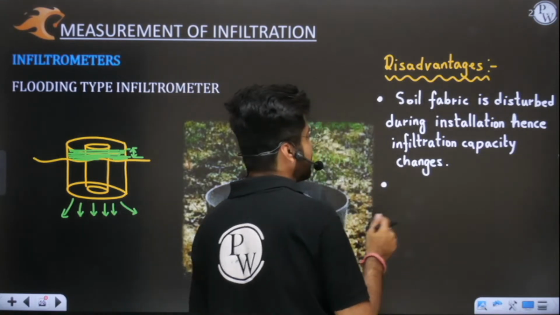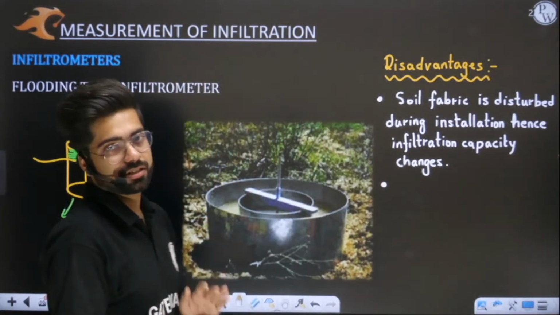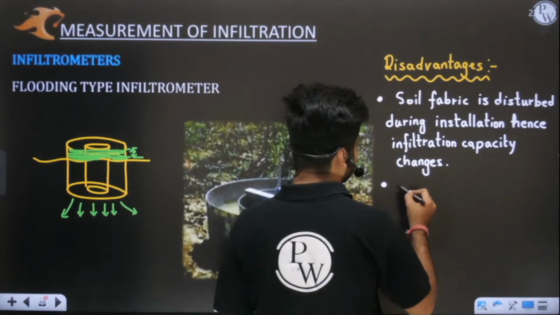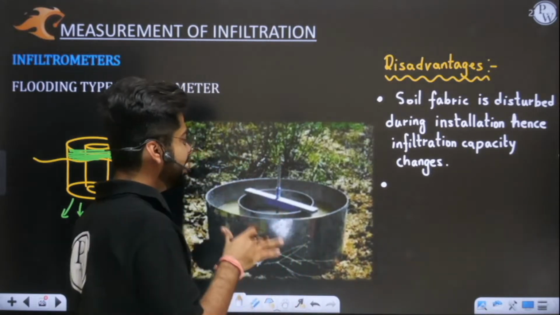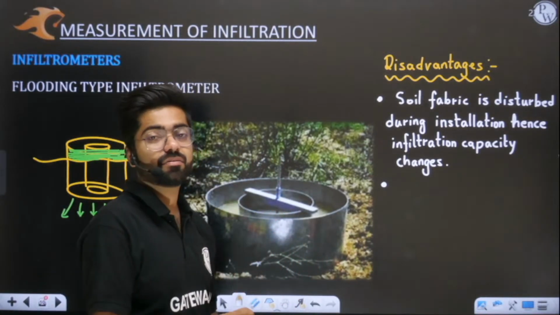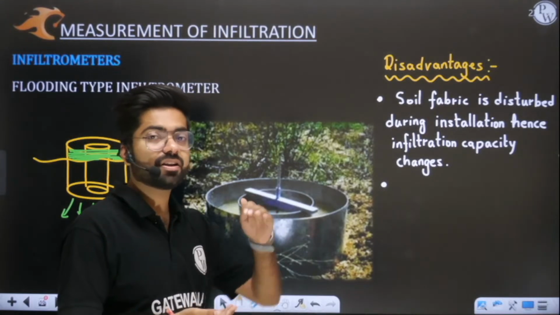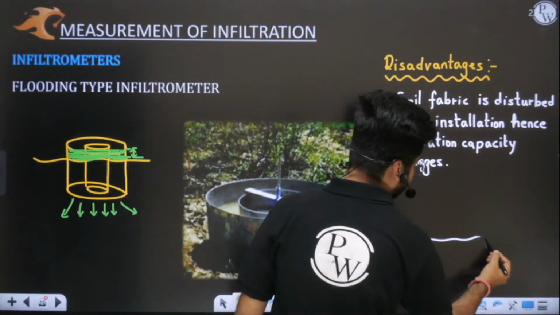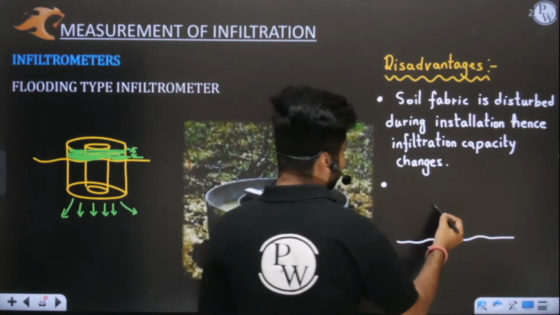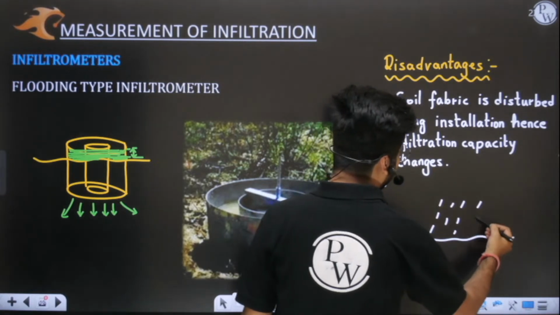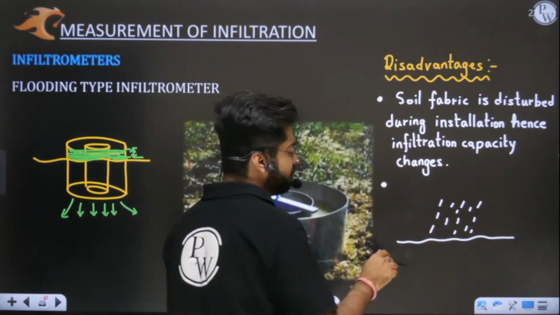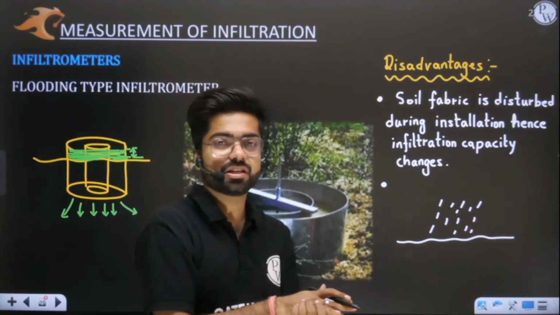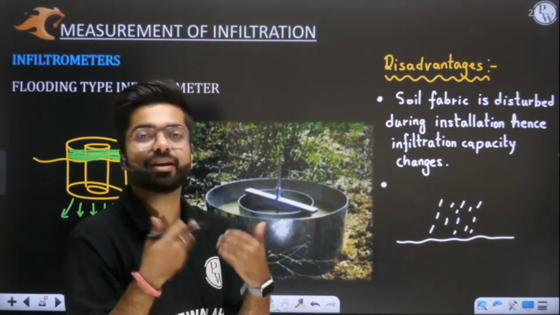Second point is, you have told me that no rainfall is here. Yes or no? No rainfall is there. So I will write here: actually this flooding type infiltrometer is measuring infiltration, but in absence of rainfall. So when rainfall is there, let us say we have an open land here, that rainfall will hit against the ground, and obviously soil compaction will be there.